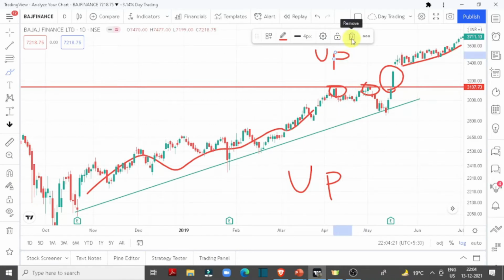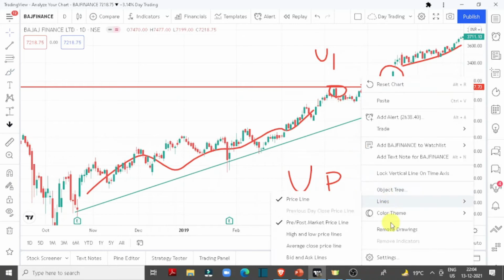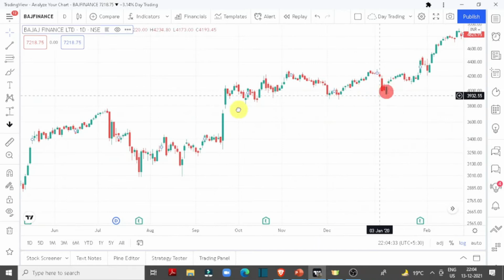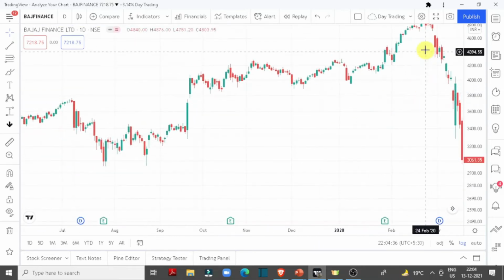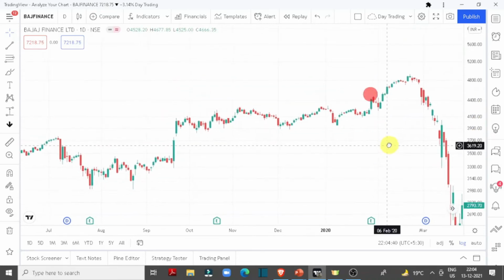Now let me show you another example where the trend changed due to a breakout. Let me remove all of these drawings so that we can move further. Let's move a little bit ahead, and you can see that the stock broke down, right? This is an example of reversal.